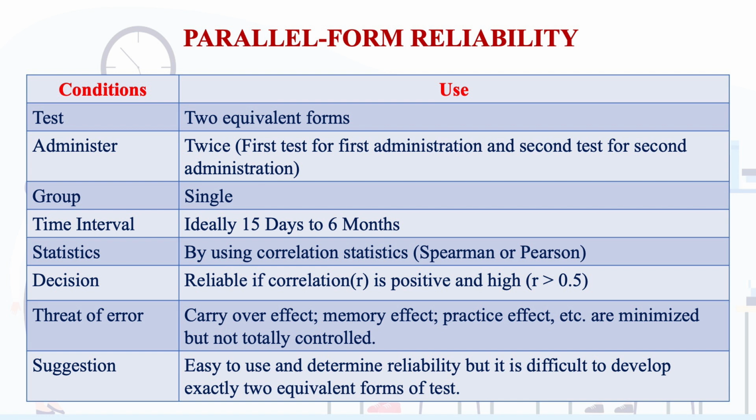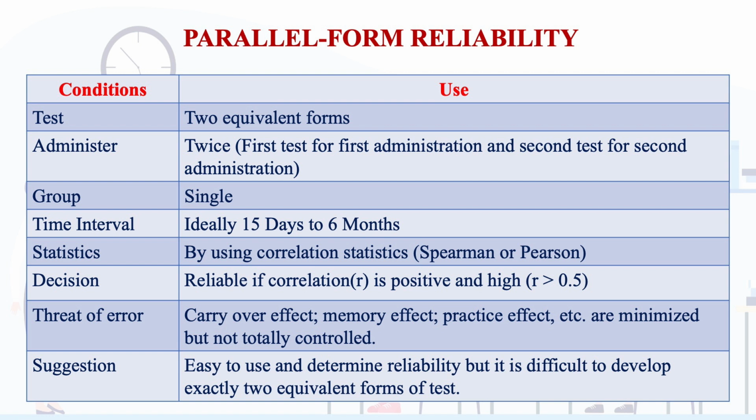And administer. So how many times do you have to administer? Here also you have to administer twice. That means in the first administration you have to use the first test, and in the second administration you have to use the second test, and the group will also be single.